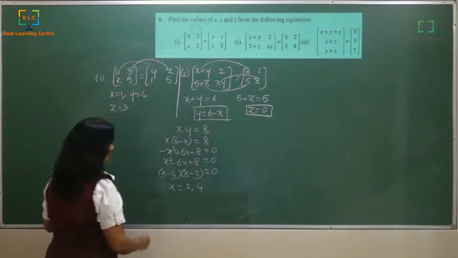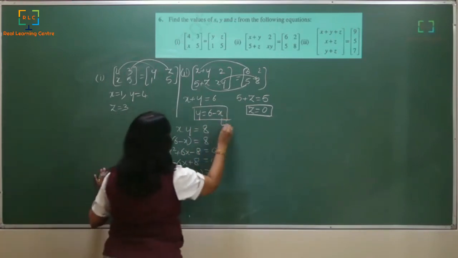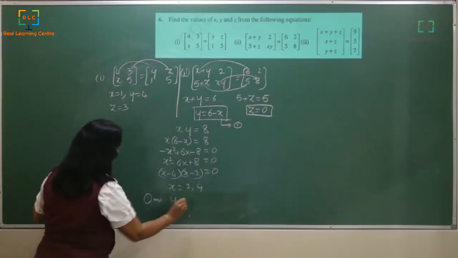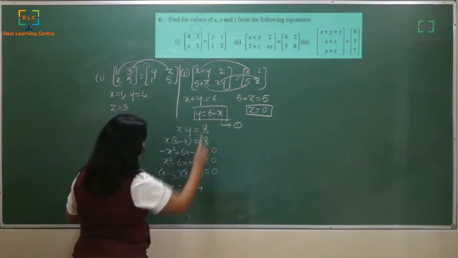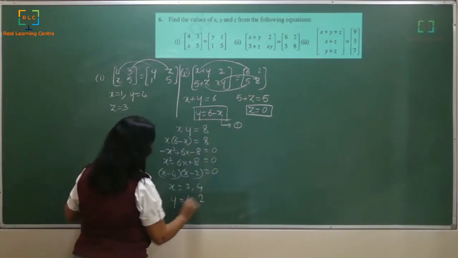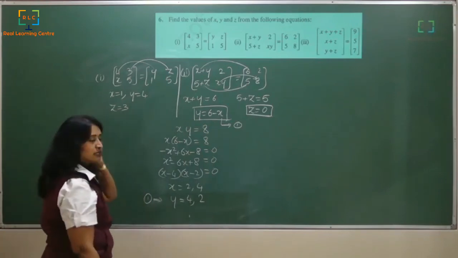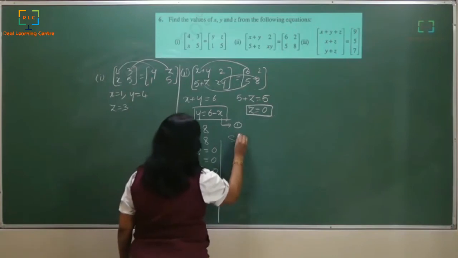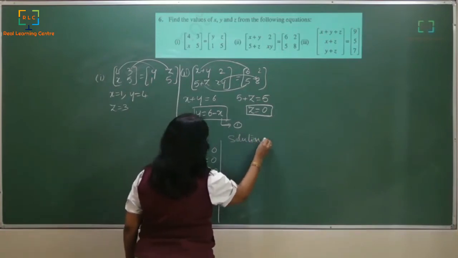6 minus x. So let me call this equation number 1. Equation number 1 implies y is equal to, I'll plug in x is equal to 2, 6 minus 2 is 4, and I shall plug x is equal to 4, 6 minus 4 will be 2. So therefore, you have 2 solutions.